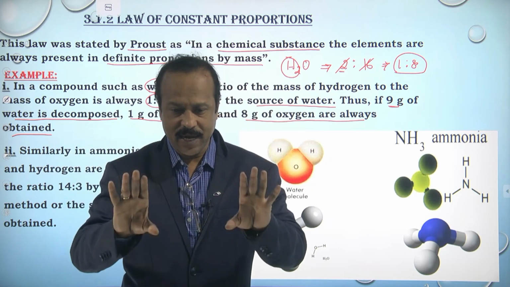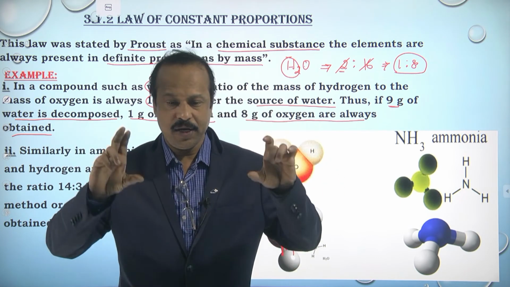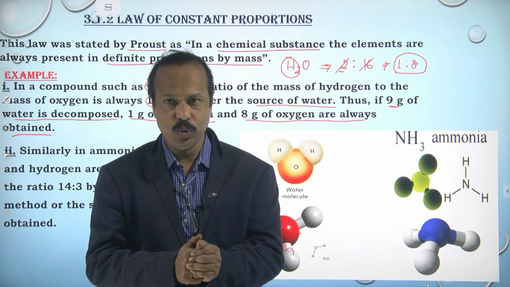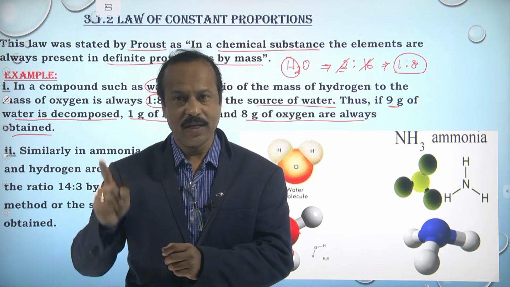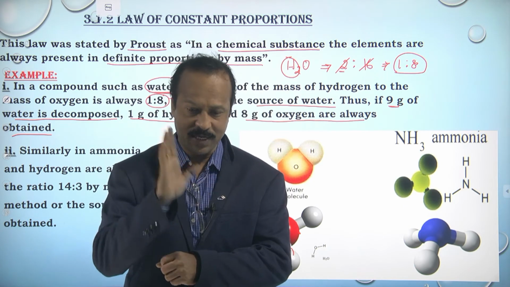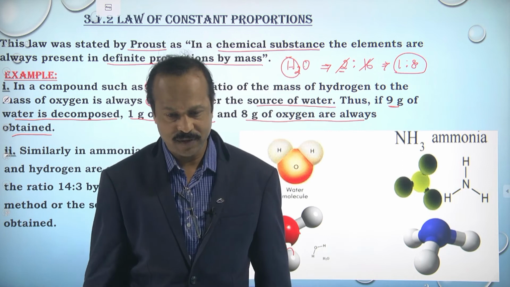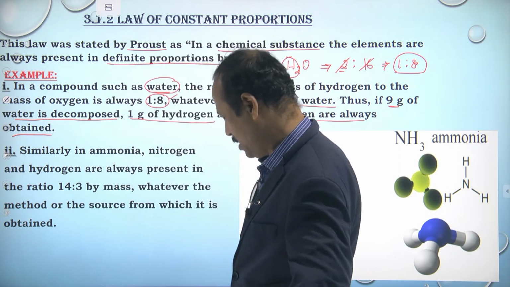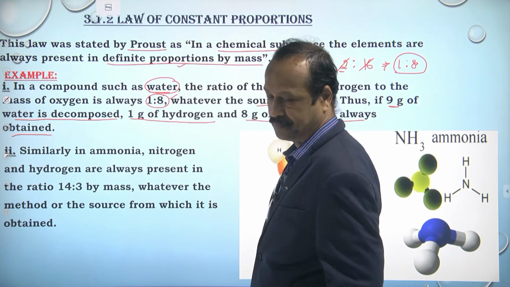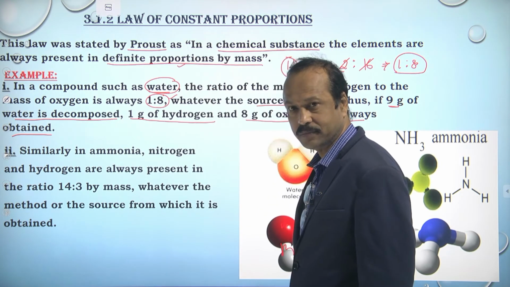Now you collect that hydrogen and oxygen in two different test tubes, and if you measure the mass of these two, you will find that the mass of hydrogen is 1 gram and the mass of oxygen is 8 grams. That is fixed. So, that is called definite proportion. Is this clear to you?